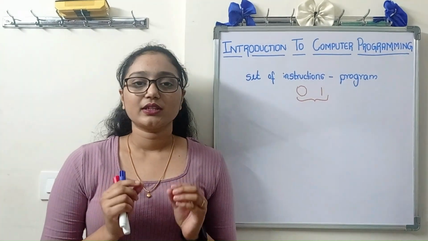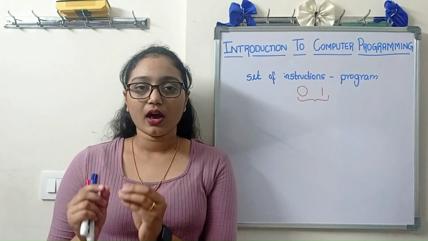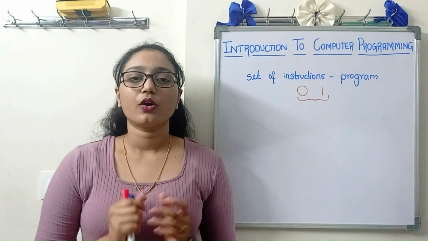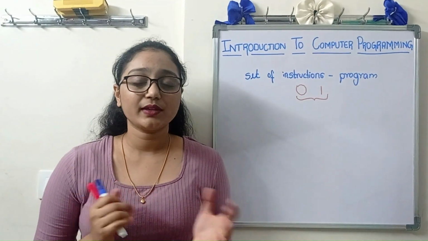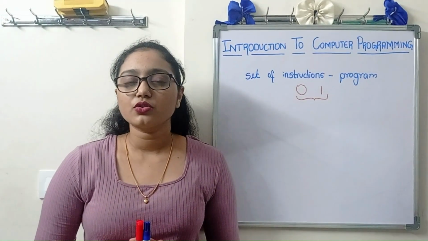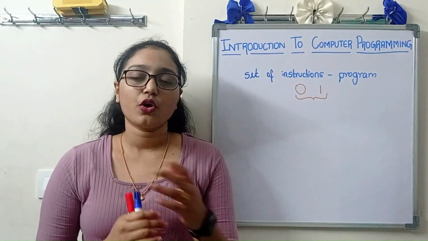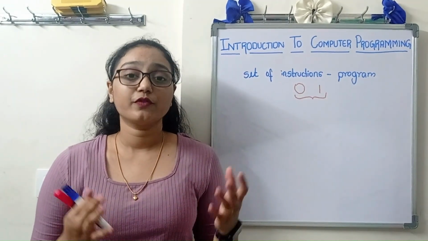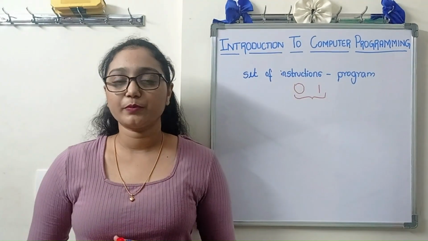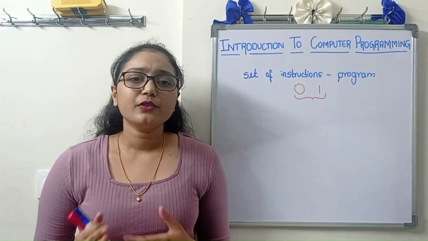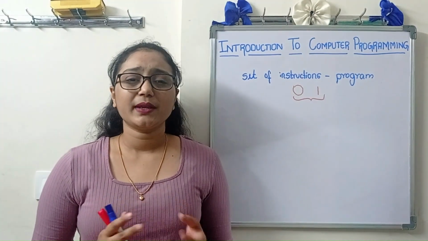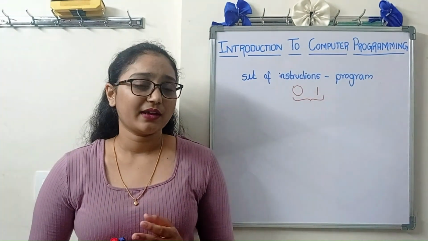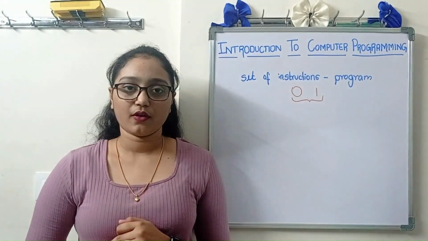System software is that which takes care of the hardware of your computer. And what is application software? Application software is the one that does your favorite job which you want to be performed by your computer. Examples of application software are web browser, YouTube, and many other things.